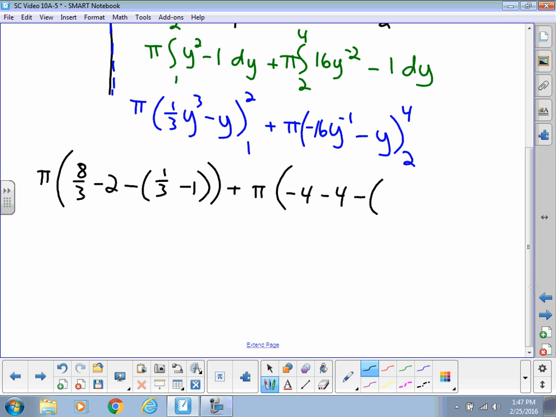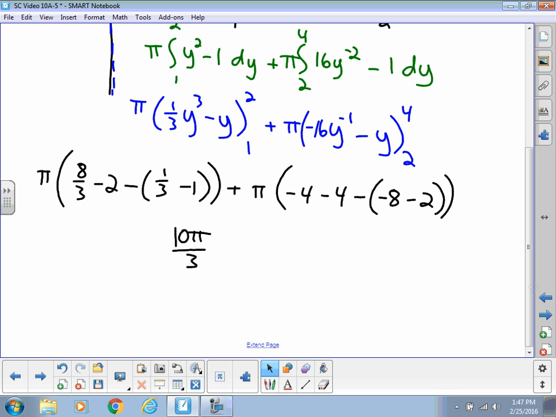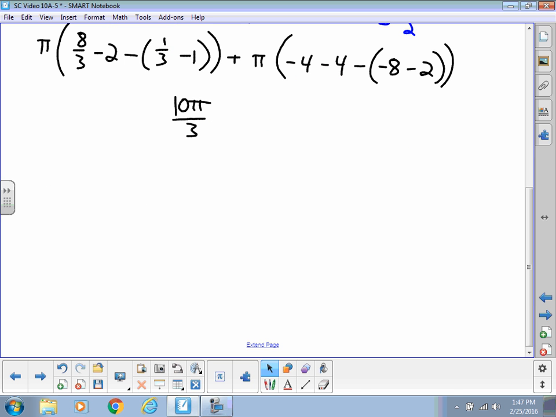Minus, in parentheses, sub in 2. 2 to the negative 1 goes to the bottom. So that's really negative 16 over 2, which is negative 8. Sub in 2 for y, you'll get minus 2. And you can pull the pi all the way out to the front, type everything in, and you will end up getting 10 pi over 3. So that was doing it by washers.